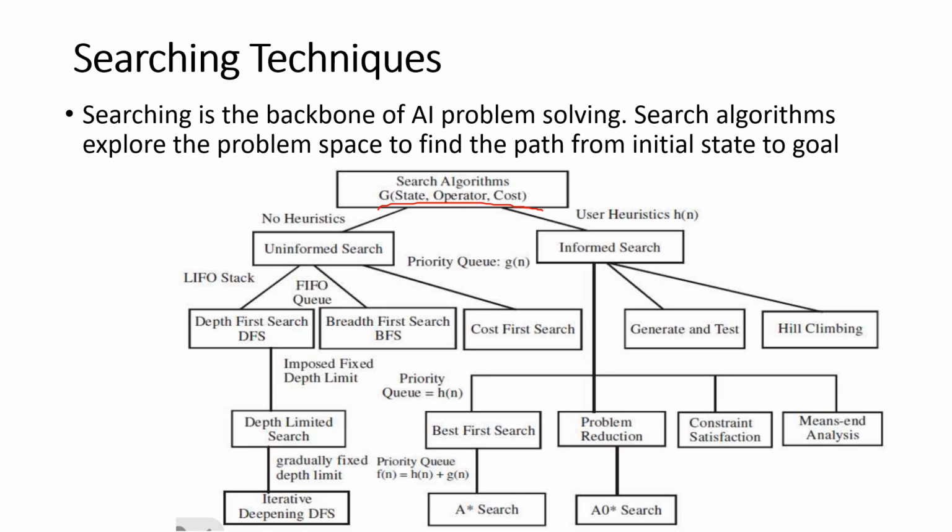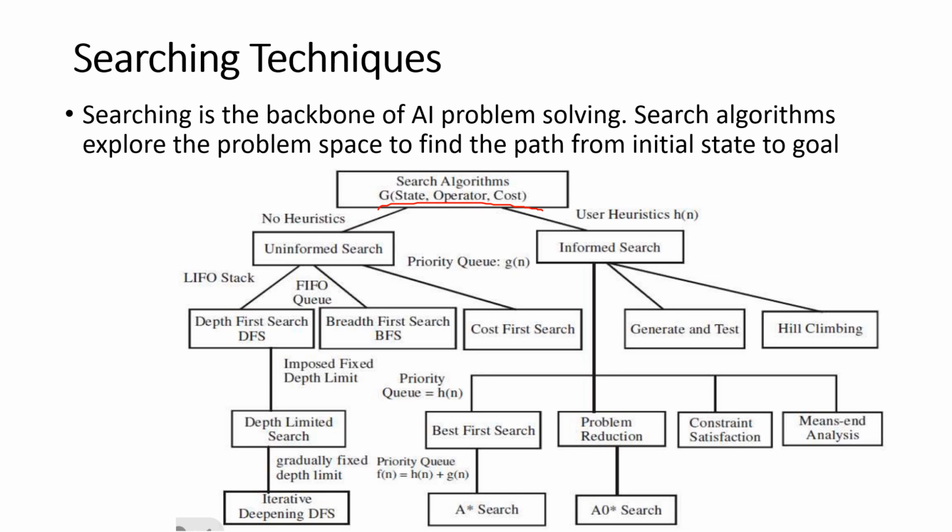Uninformed search is a blind search. That means no idea where the goal is. We can see that depth first search, breadth first search and cost first search are examples of uninformed search, and we will discuss all these algorithms in detail.